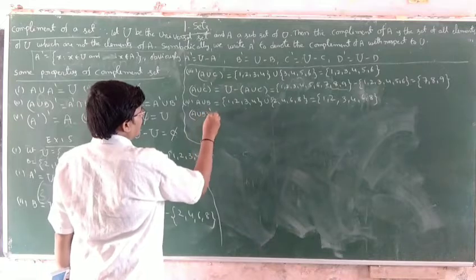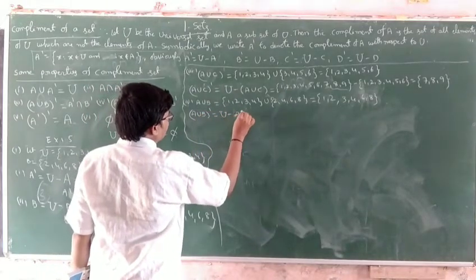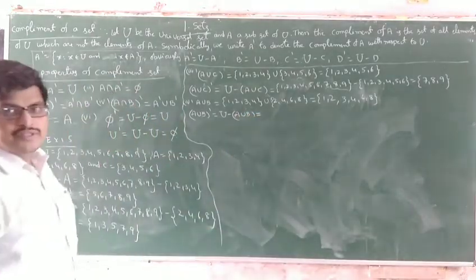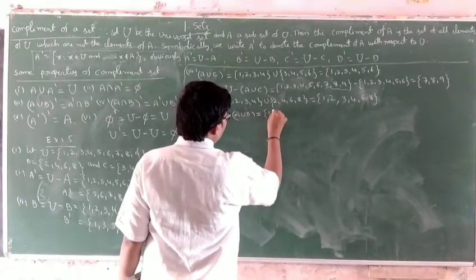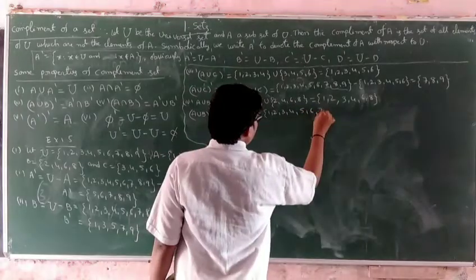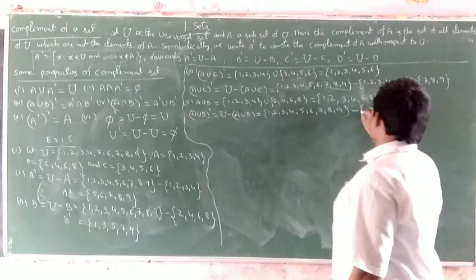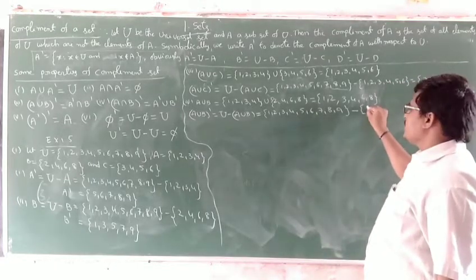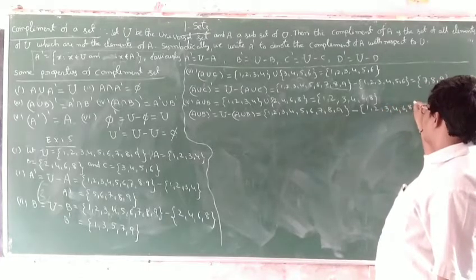Next, (A union B) whole complement is equal to universal minus (A union B). Universal is {1, 2, 3, 4, 5, 6, 7, 8, 9} minus (A union B), which is {1, 2, 3, 4, 6, 8}.